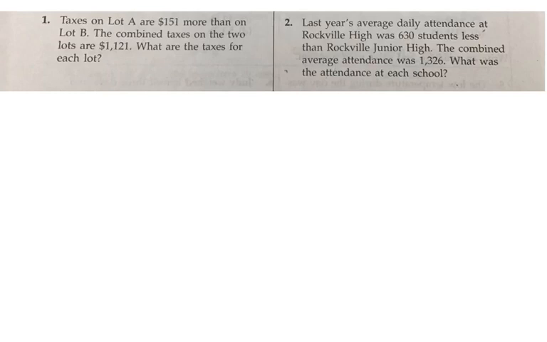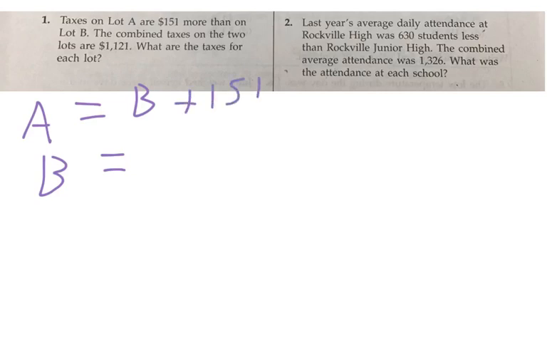So again, we always write down the stuff that we know. We've got lot A and we have lot B. And I know that lot A is $151 more than lot B. So I know it's B. And how do we write 151 more? Plus 151.